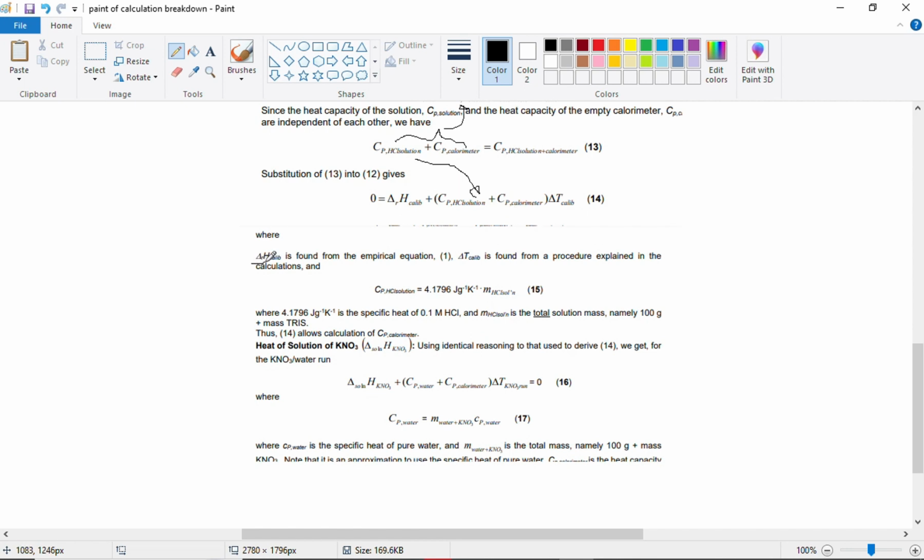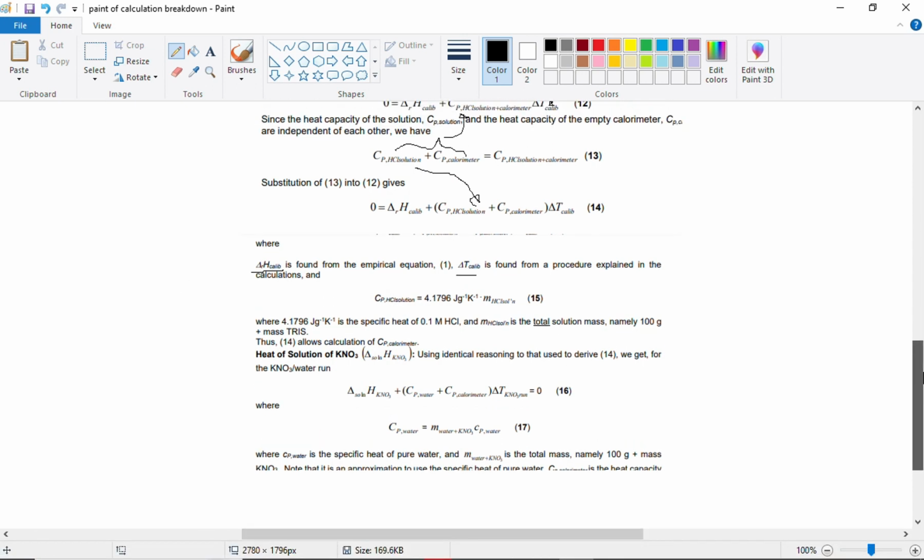So this is where the math gets kind of nice, because we can find the change in enthalpy of the calibration run from the empirical equation, we can find the change in temperature of the calibration run through a procedure found in the calculation section of this lab report, and we are given the specific heat capacity at constant pressure of the HCl solution, which was likely just ripped out of a data table somewhere.